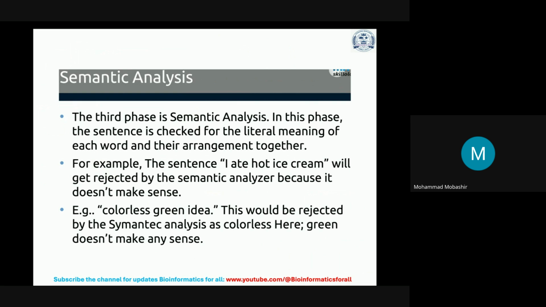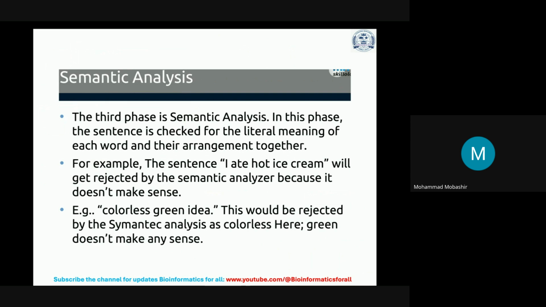This is the third phase of NLP. In this phase, the sentence is checked for the literal meaning of each word and their arrangement together. For example, the sentence, I ate hot ice cream, will get rejected by the semantic analyzer because it does not make any sense.